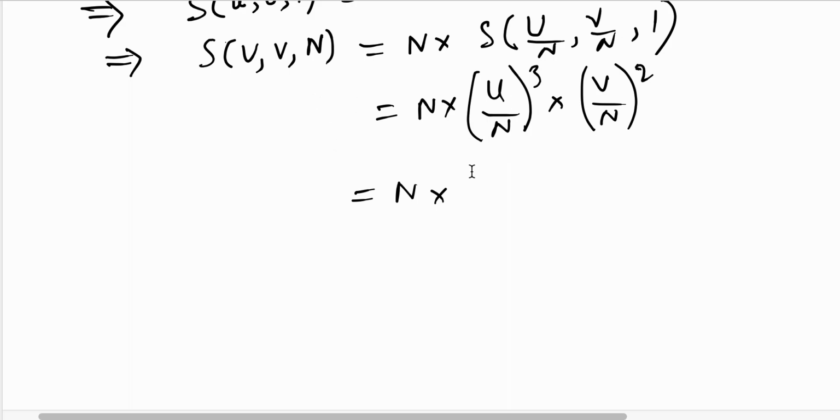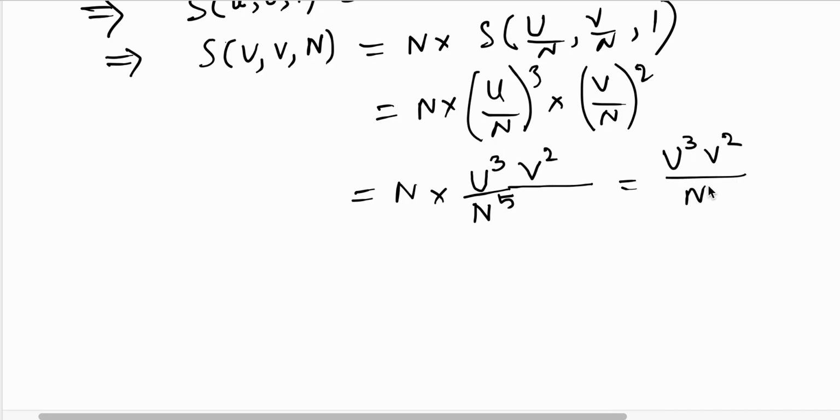So u will be capital U by N, and then we get U cube V square over N to the power 4.